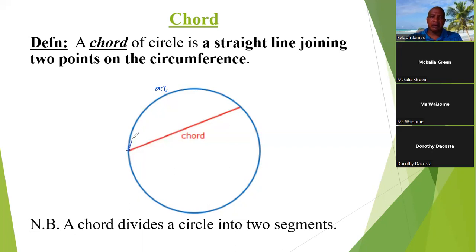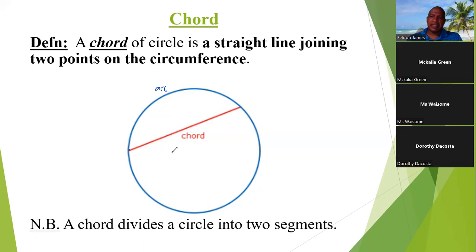So from here, going all the way around to here would be an arc. The circumference is cut into two arcs, and the smaller arc is known as the minor arc, and the larger arc is known as the major arc. But the circle is also cut in two sections.